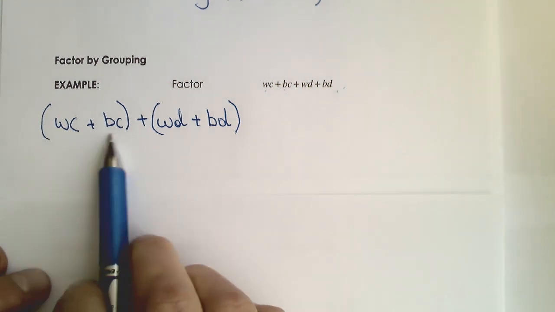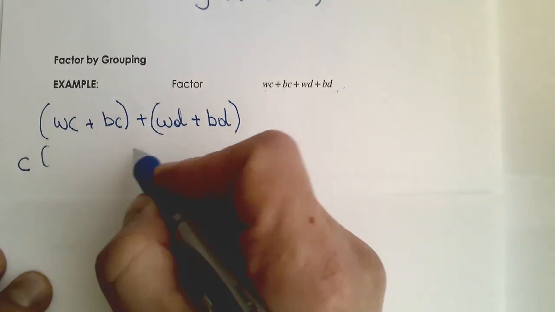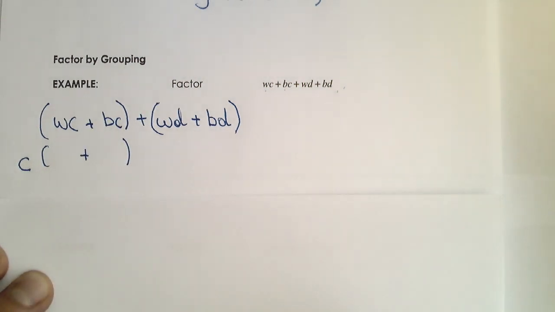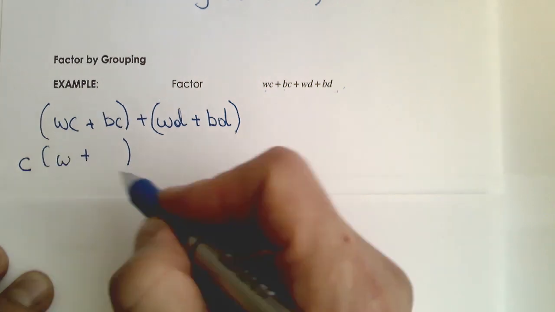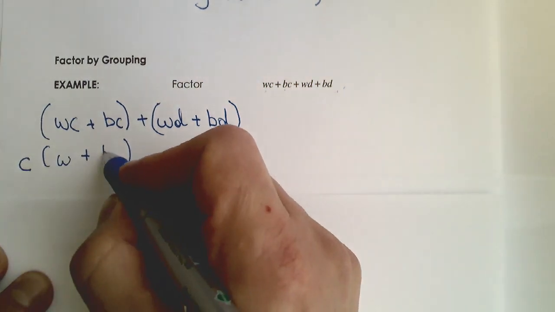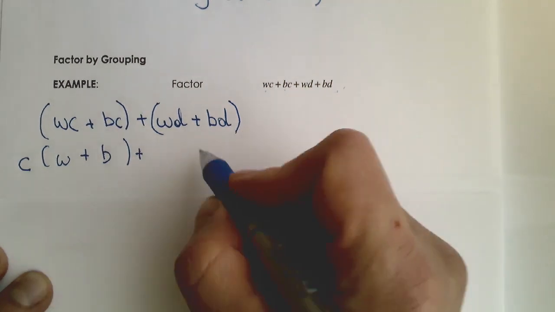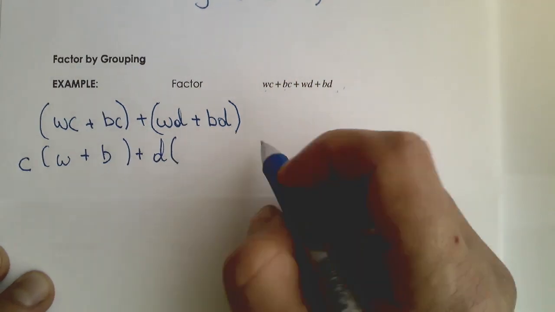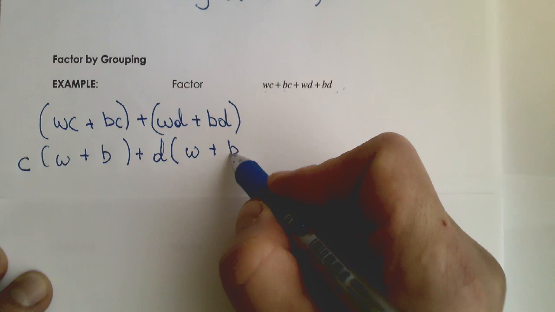Over here, the common factor is C. So I'm going to factor it out, and I know there are two terms, so I'll have two terms here too. Over here I will be left over with W, and over here I'll be left over with B. Then I go to the next one, plus, and over here the common factor is D, so I will factor it out, and I will be left over with W plus B.